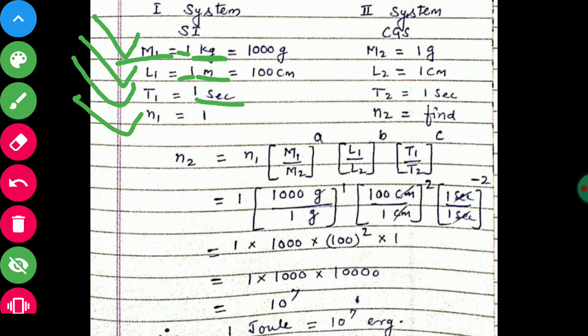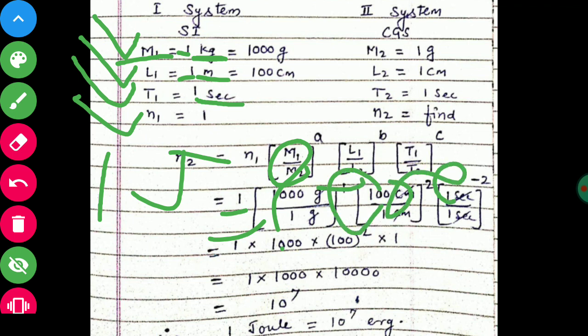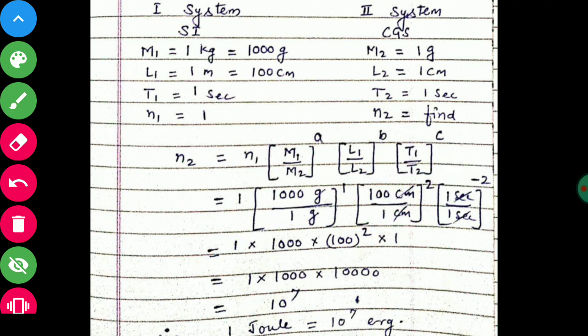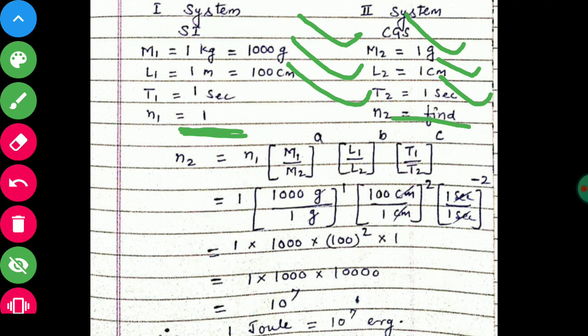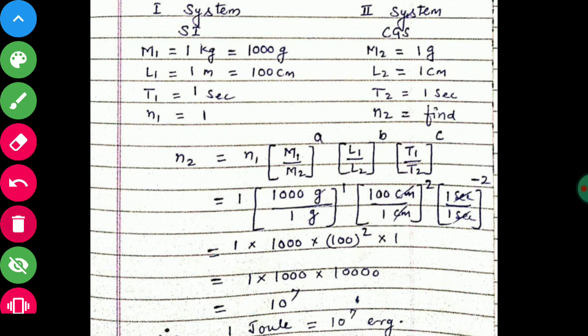The numerical factor that we convert, 1 joule into erg, is 1. Now in a similar way, M2, the mass in CGS, is gram, length is centimeter, time is second, and N2 is what we have to find out.